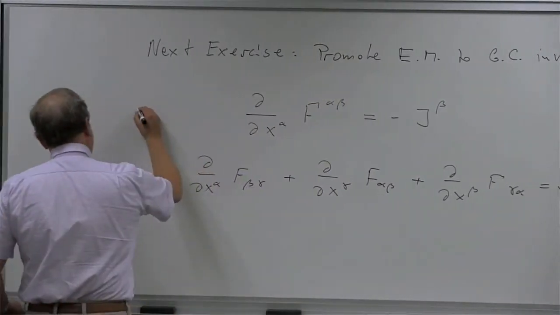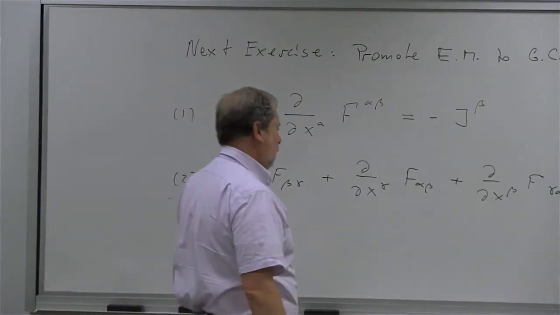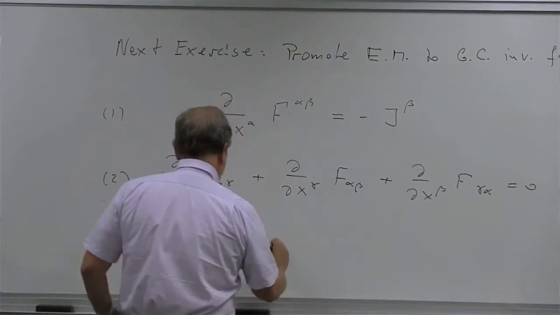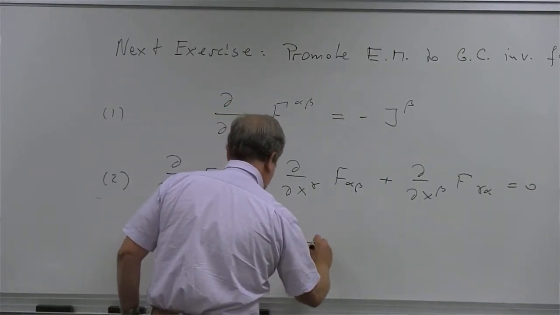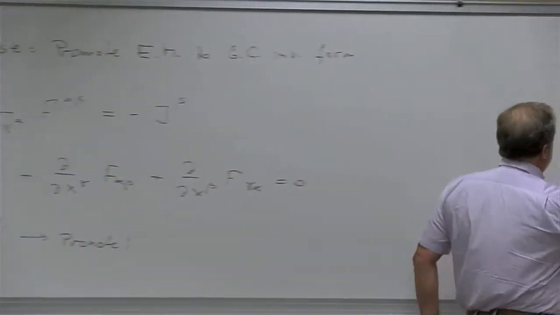So it's set number 1 and set number 2. And so promote these to a general relativistic form.